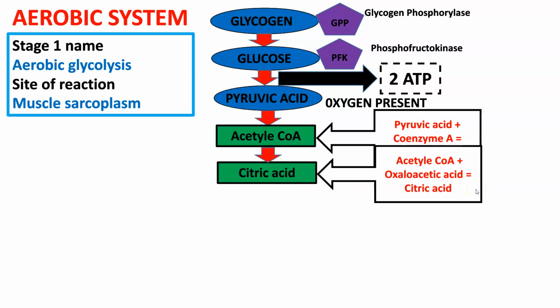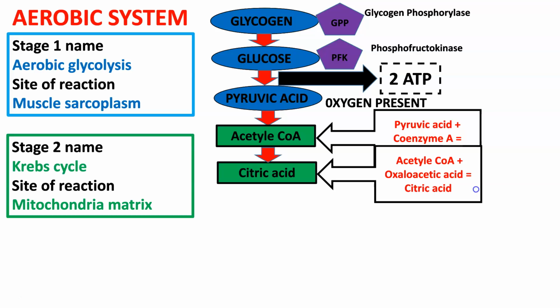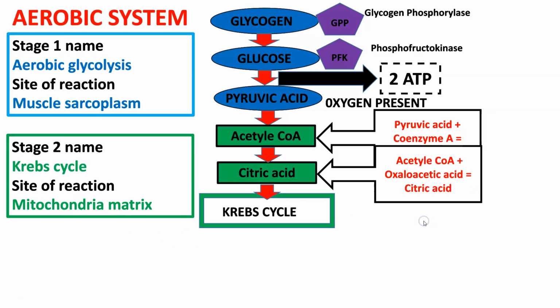Now, citric acid is oxidized and goes into the Krebs cycle, which takes place in the mitochondrial matrix. It's called a cycle because this goes around and around in a cycle format. We produce carbon dioxide and we breathe it out. We produce 2 more ATP and we also produce hydrogen.